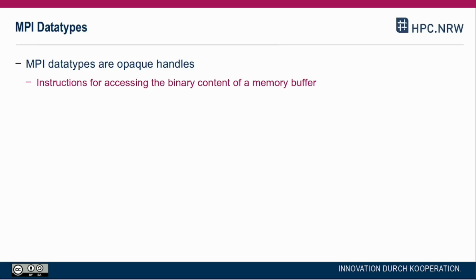Okay, so again, as a reminder, an MPI data type handle is just the instructions for the MPI library on how to handle the data, either taking it from your memory into the stream of either I/O or communication, or taking it from the stream into your memory again.